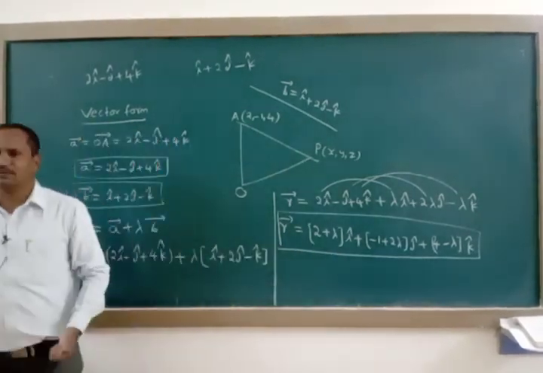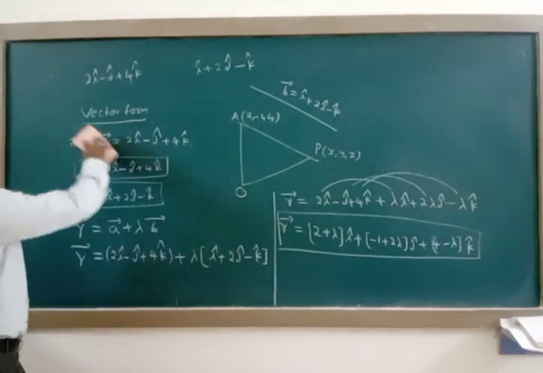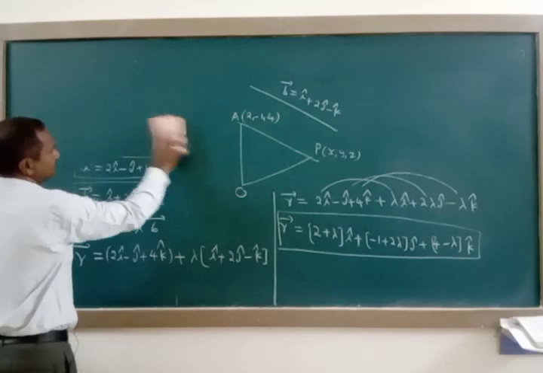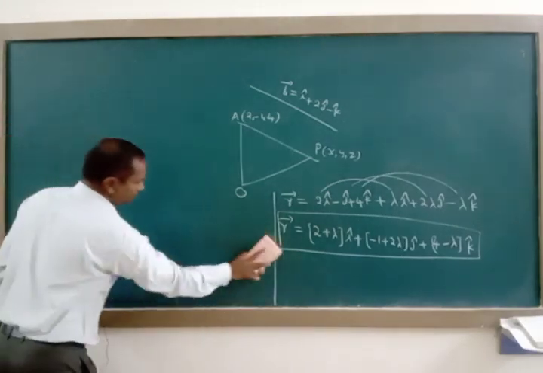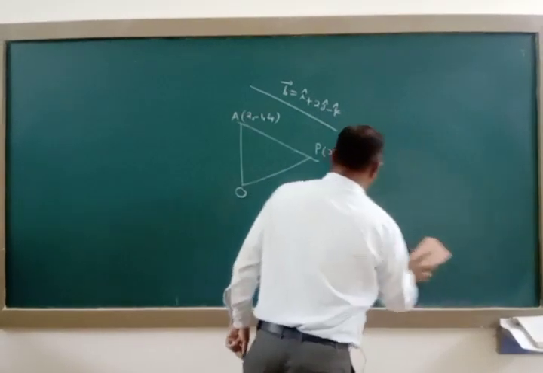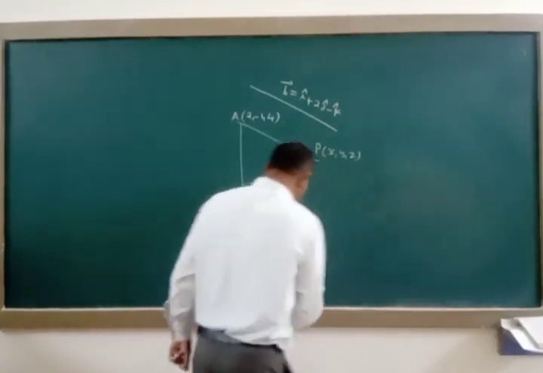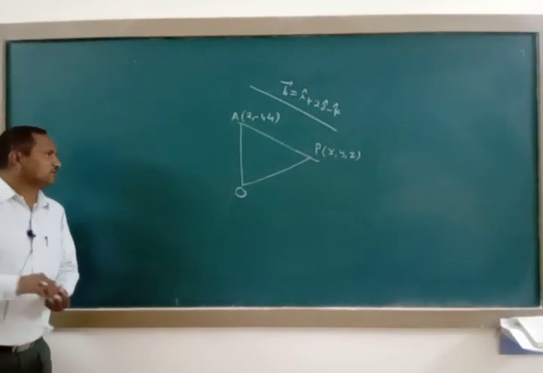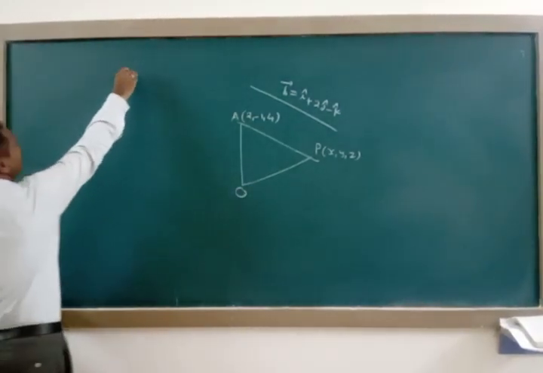Next, let us discuss the Cartesian form of the equation of a straight line. Here we will not see the terms i cap, j cap and k cap. We will just see the letters x, y, z or x1, y1, z1.